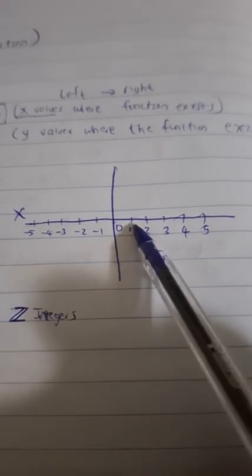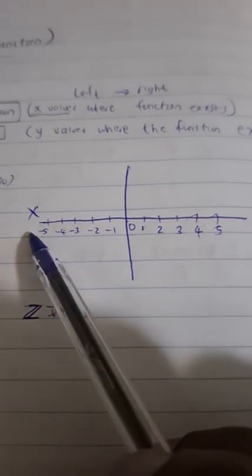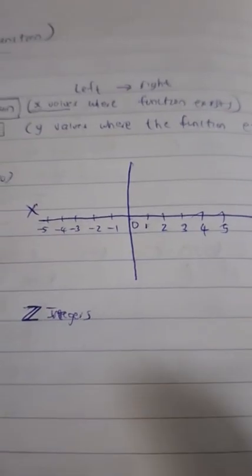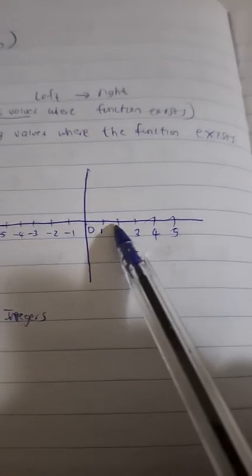If you increase your numbers by 1 to the right and decrease by 1 to the left, those are all integers. They go on forever in the negative direction and in the positive direction. Those are what we refer to as integers, your positive and negative whole numbers. They increase and decrease by 1.